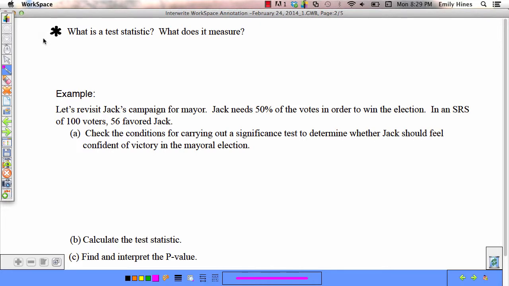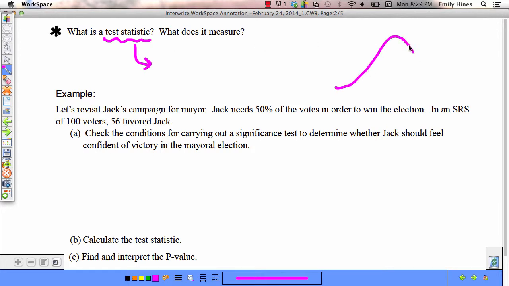Then something that's a little different with significance tests is that you have a test statistic. This does not mean anything different than a z-score. Basically, it measures how far the sample statistic is away from the mean in terms of standard deviations.